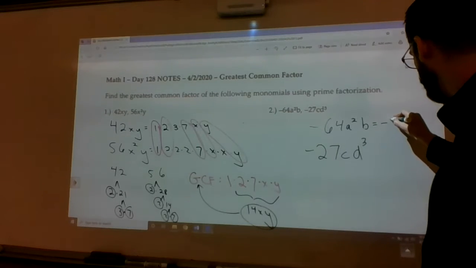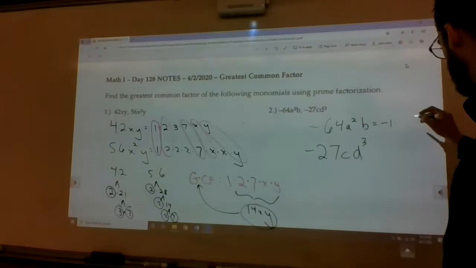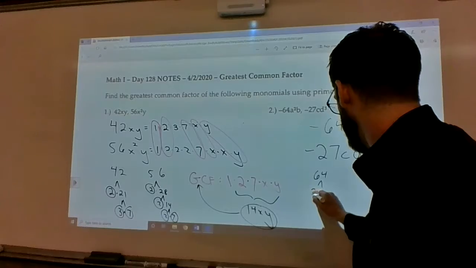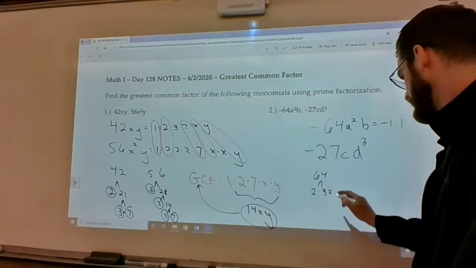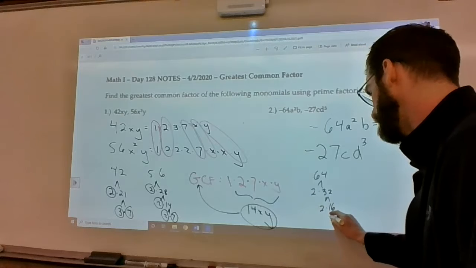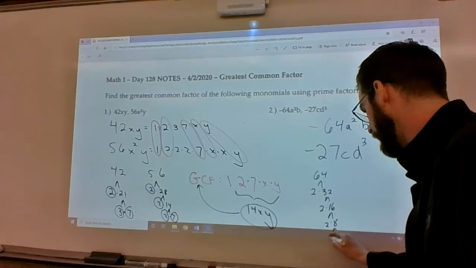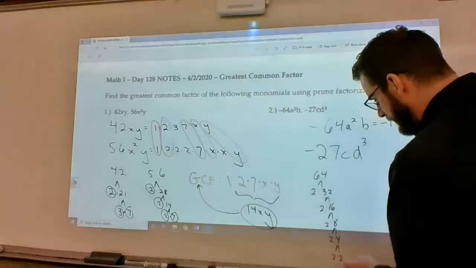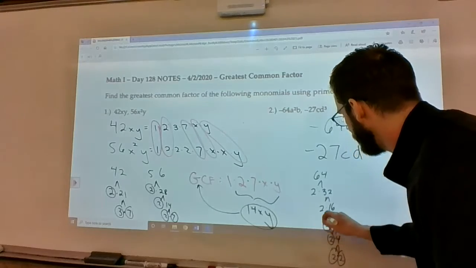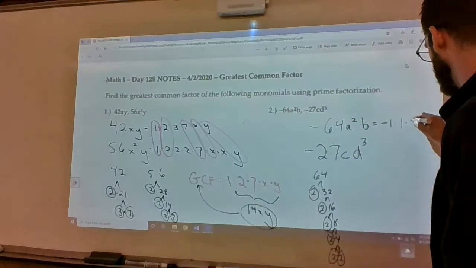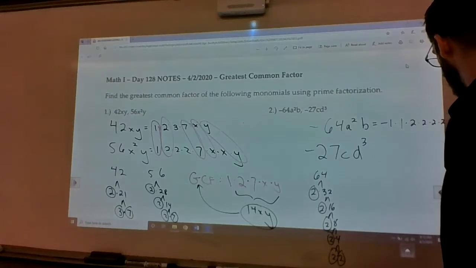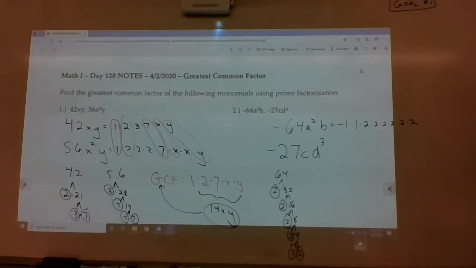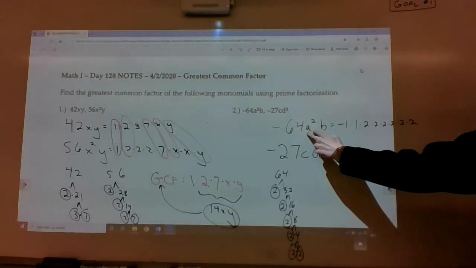So put a negative 1 at the front end like we talked about yesterday, times 1. 64 breaks down into 2 times 32, which is 2 times 16, which is 2 times 8, which is 2 times 4, which is 2 times 2. So we've got 6 2's, times a a b.